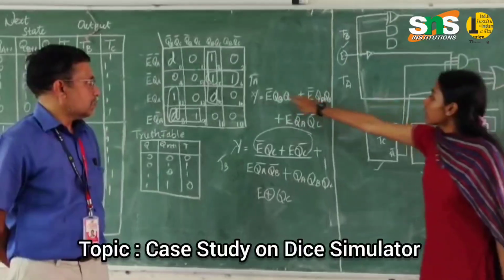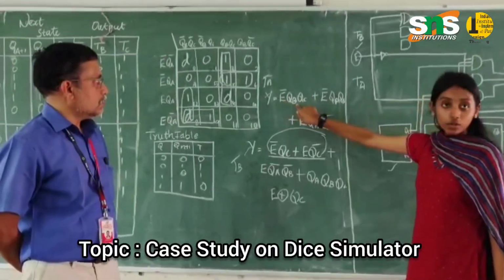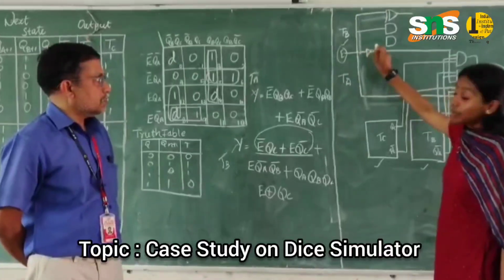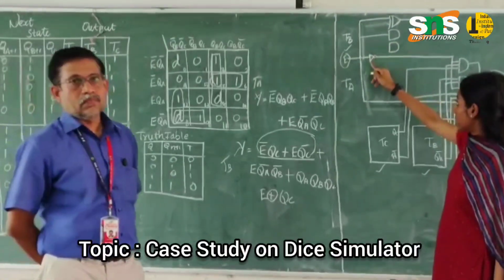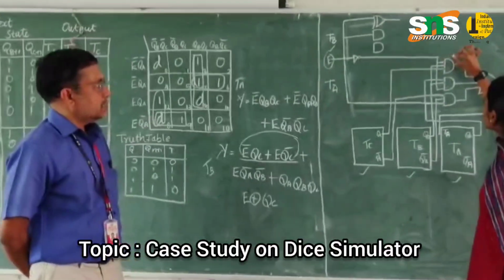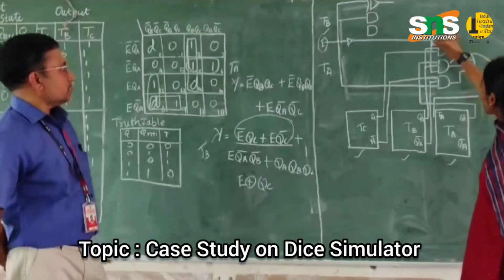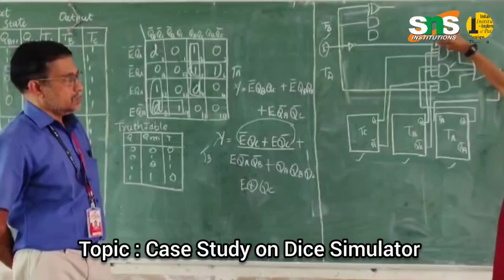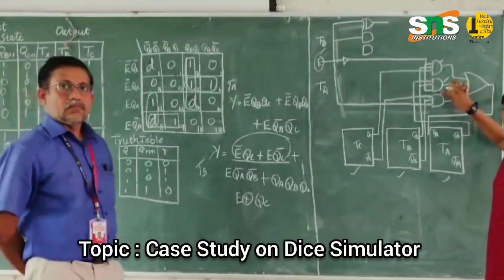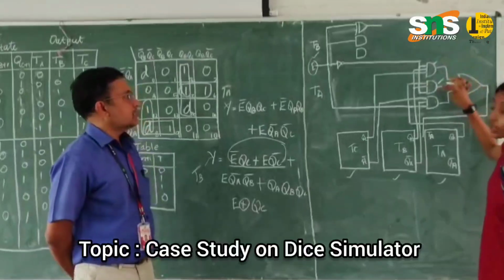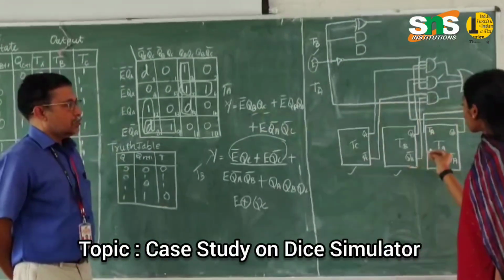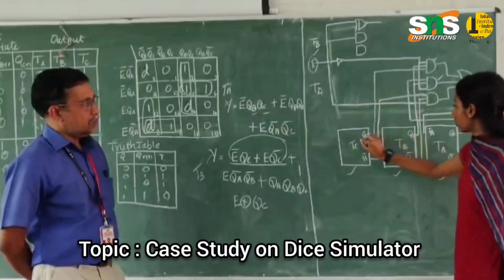In the first AND gate the connections are from E bar, QB and QC. I'm taking a connection from E and introducing a NOT gate for E bar, and I'm connecting it to two AND gates. You can see the connections here. Next, QB and QC.